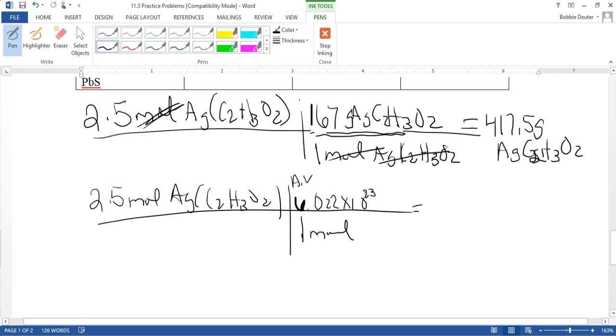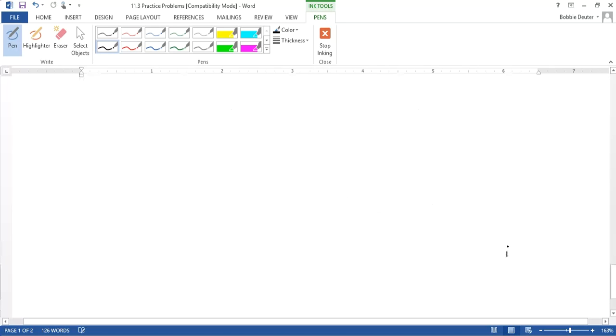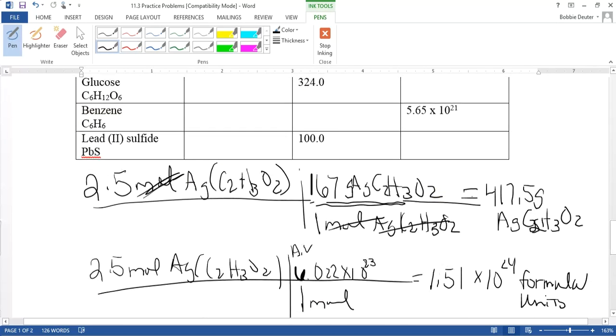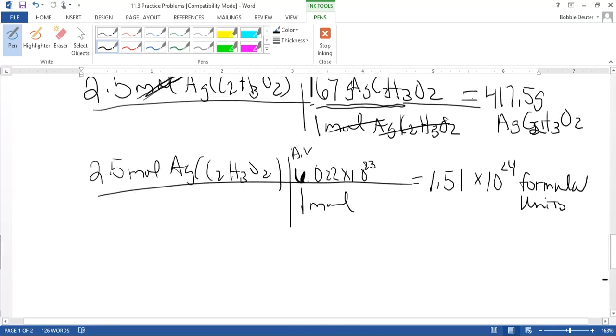Multiply the top, divide it by the bottom, and we get 1.51 times 10 to the 24th. This is an ionic compound, and so we would put formula units of silver acetate.